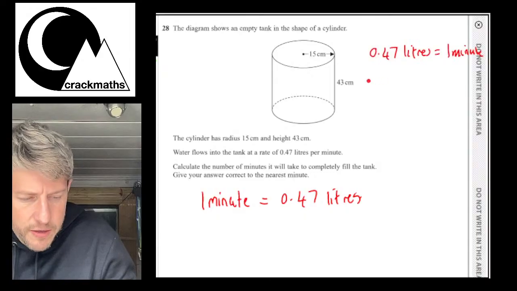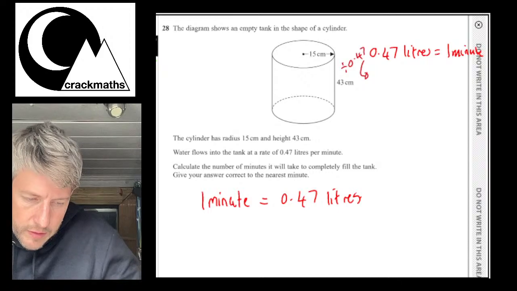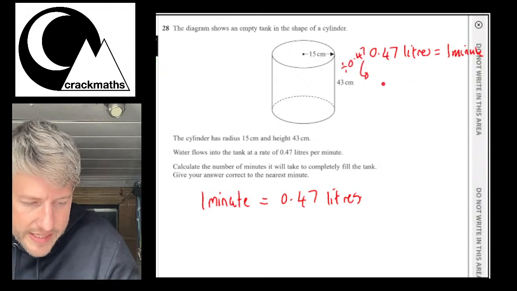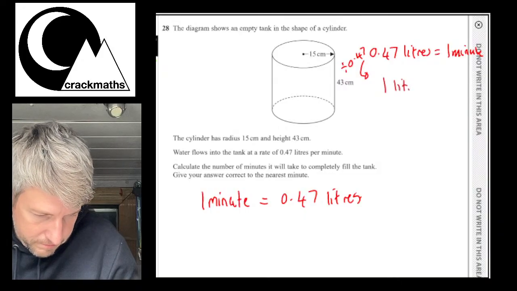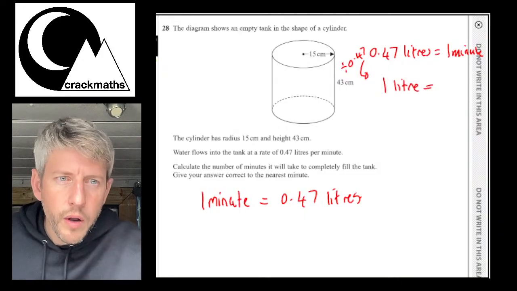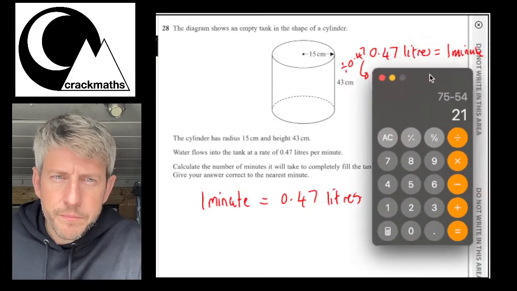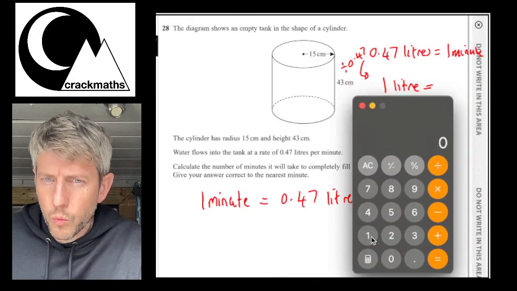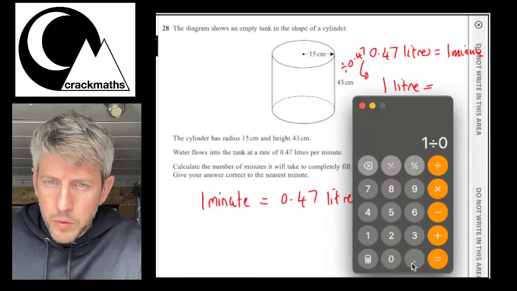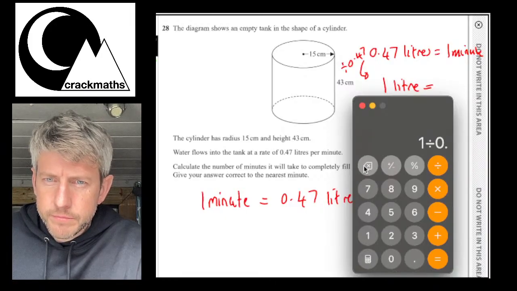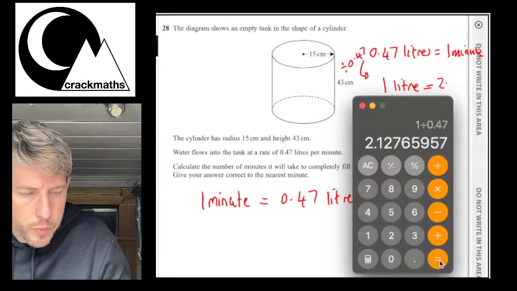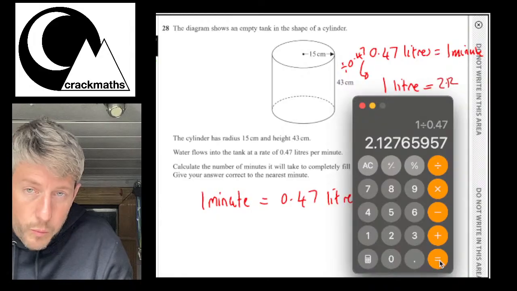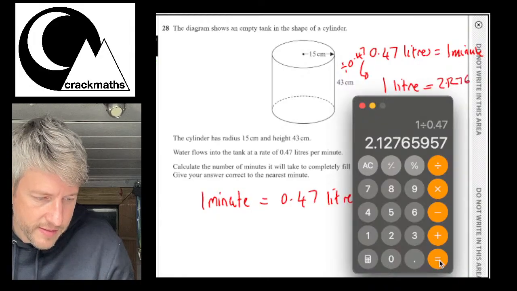Then I'm just going to find out how, if I divide both bits by 0.47, I'm going to get how long it takes for 1 litre. So 1 litre equals 1 divided by 0.47, which is 2.1276 minutes.